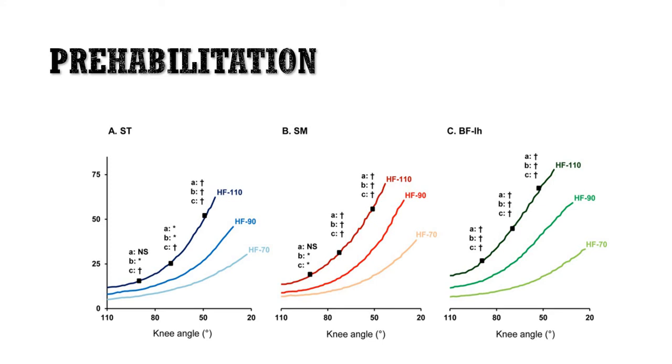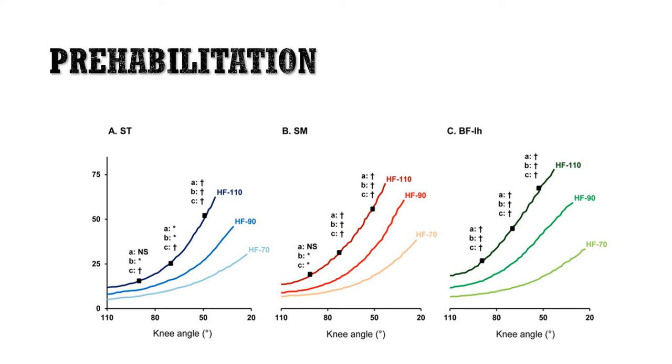So if you look at the top of each line graph, you will see ST, SM and BF, so semitendinosus, semimembranosus and biceps femoris. Now, let's just focus on the semitendinosus for now.